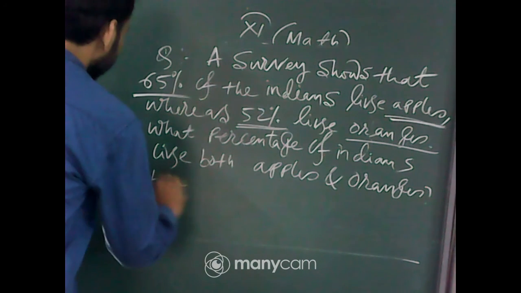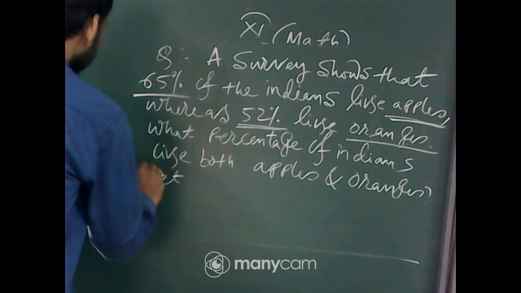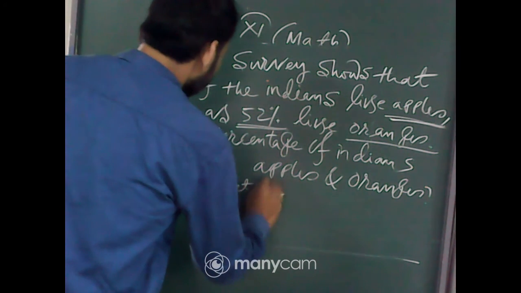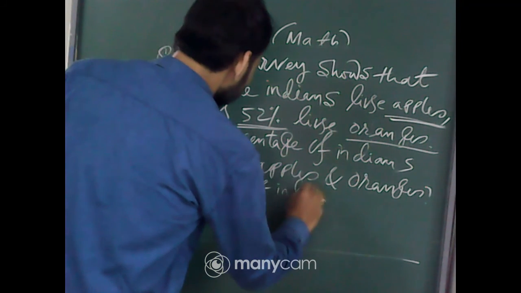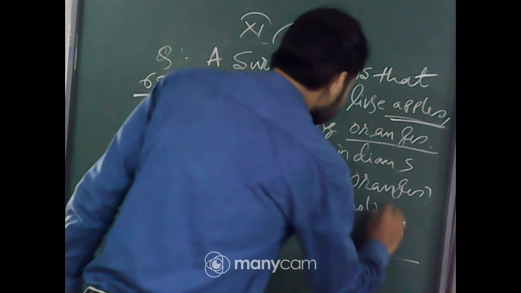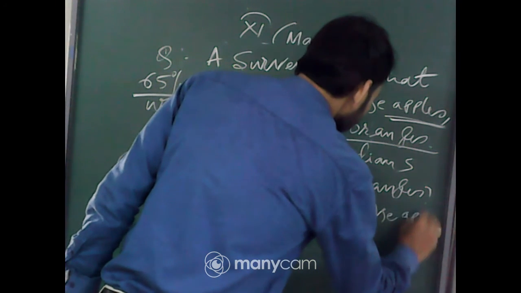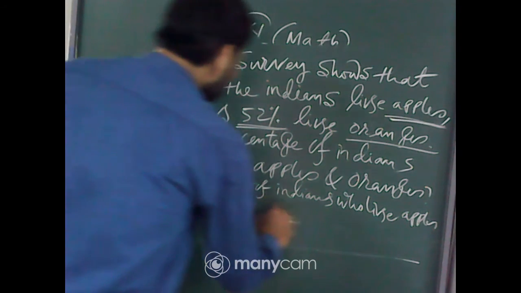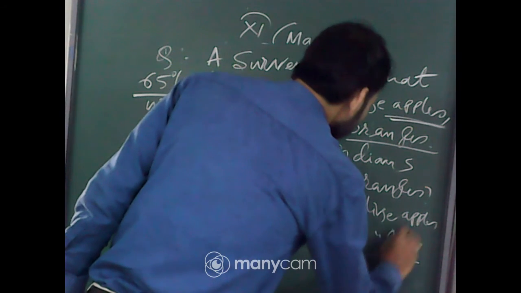Take here, let A equal the set of Indians who like apples, and B equal the set of Indians who like oranges.